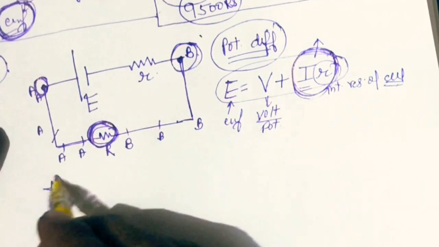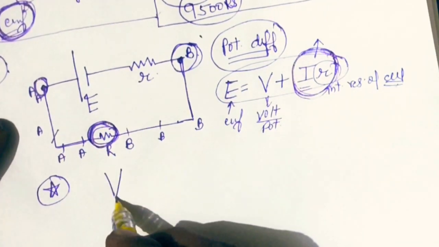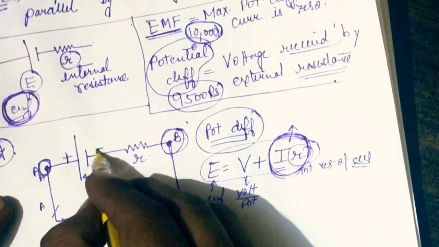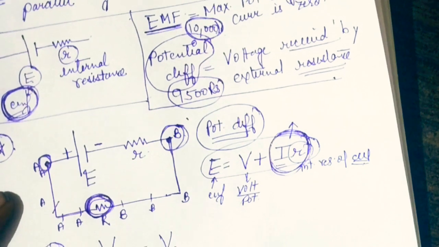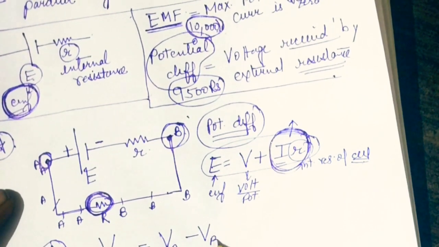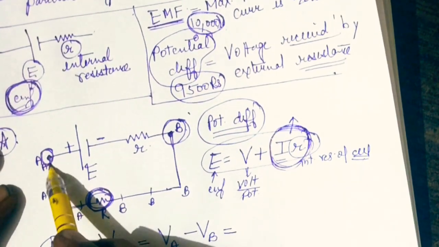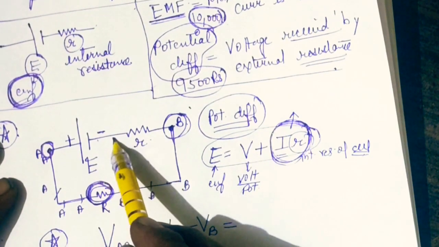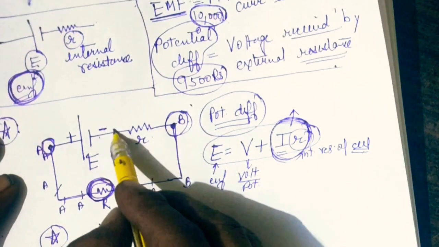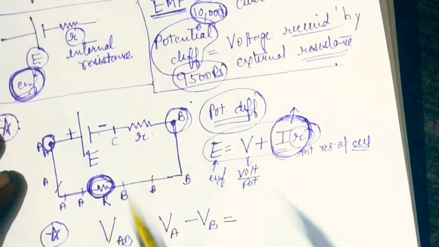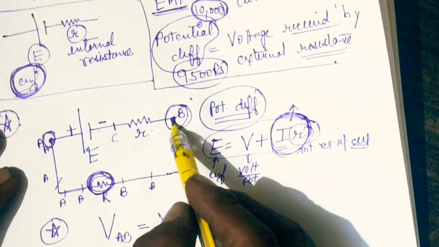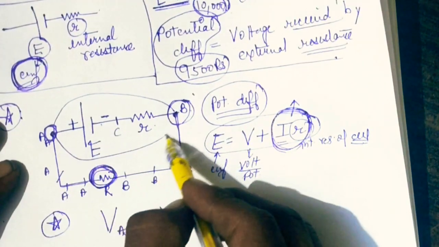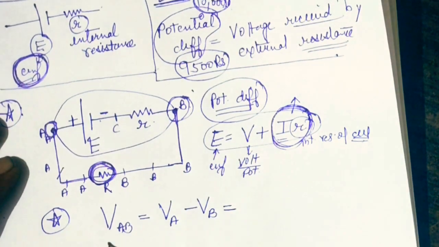So we will use this formula for the potential difference between any two points. If A is positive and B is negative, then VAB means VA minus VB, because the point connected to the positive terminal has higher voltage as compared to the point connected to the lower potential. I am sorry, this point will not be B, it will be C. But I am considering this whole setup as a single cell, so I am using VAB.